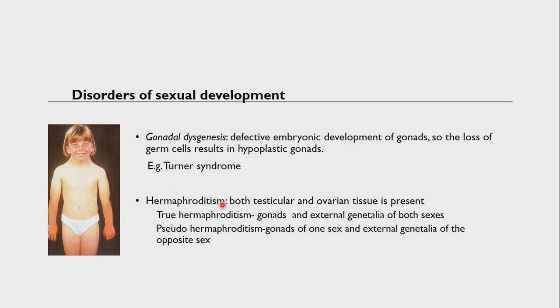In hermaphroditism, both testicular and ovarian tissue is present. In true hermaphroditism, the gonads and external genitalia are of both sexes. In pseudohermaphroditism, the gonads are of one sex, for example ovary, while the external genitalia are of the other. If the gonads are ovary, the external genitalia are that of the male.